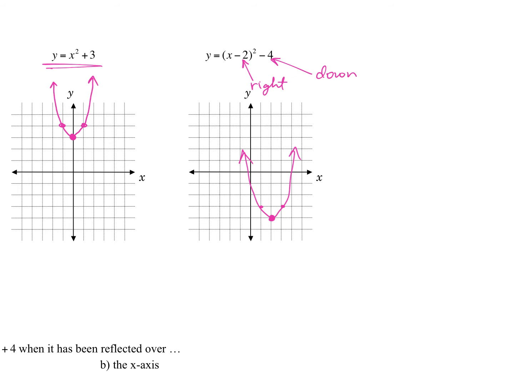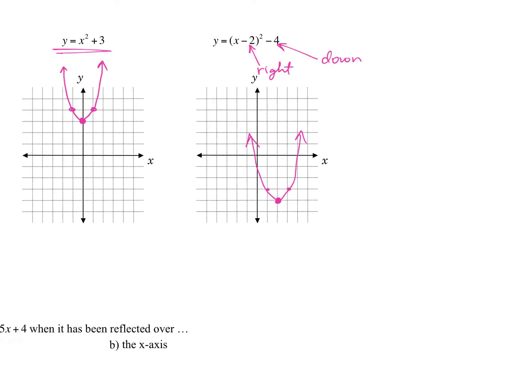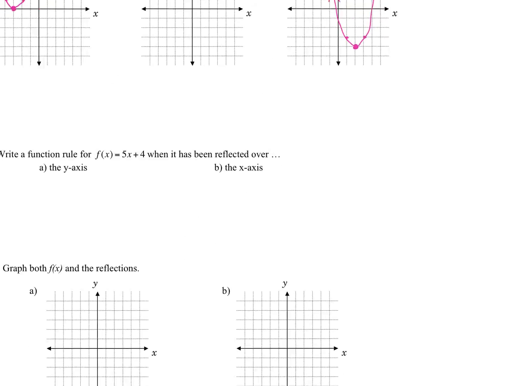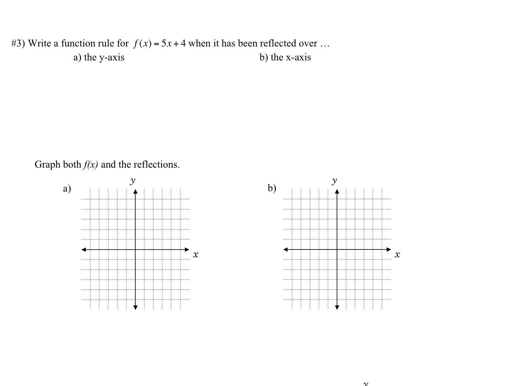Okay. Reflections. So they are asking us on these next two to take a function and reflect it over the y-axis and then reflect it over the x-axis. What do you do if you're just reflecting over the y-axis? Only the x changes, right? So we're taking this function.